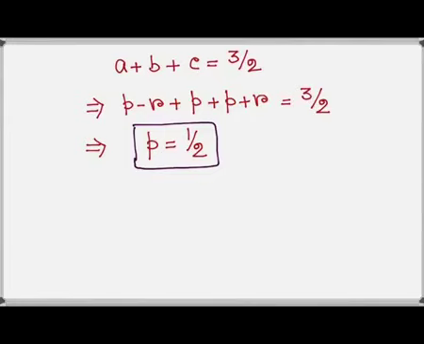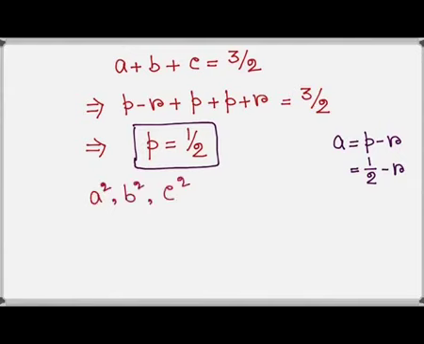If we can now find out the value of R, then we know what A is, because A is nothing but P minus R, so half minus R. So we need to only find out the value of R. In the question we are given that A square, B square and C square are in a geometric progression.